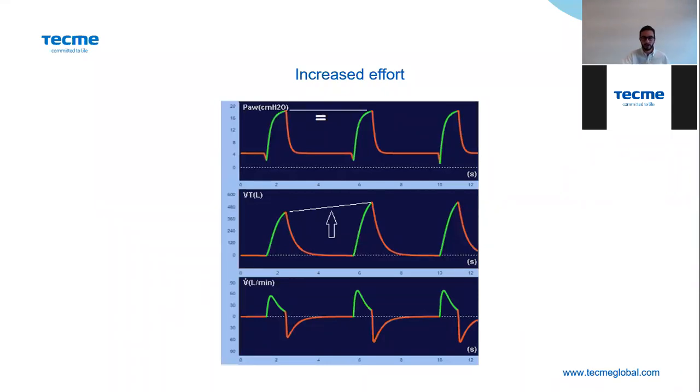So, if the patient makes an increased inspiratory effort, for example, instead of 1 liter per minute, it performs a bigger inspiratory effort, the pressure, as you can see here, remains the same, because it's preset. Every time you will have the same pressure.